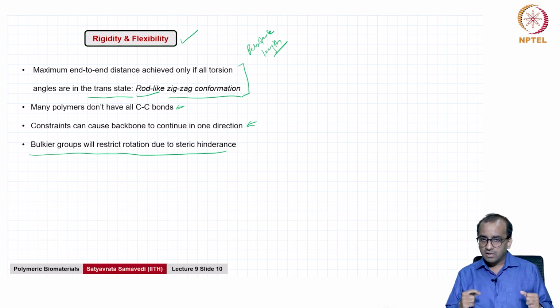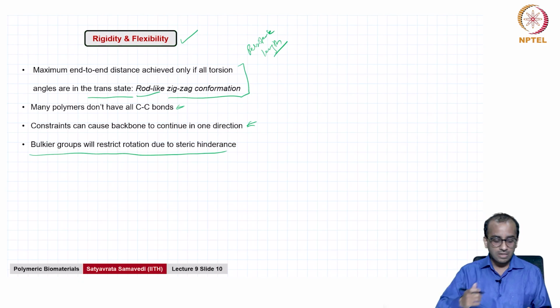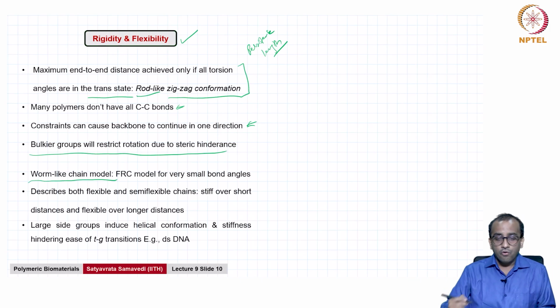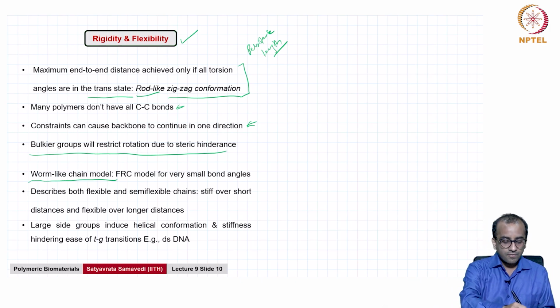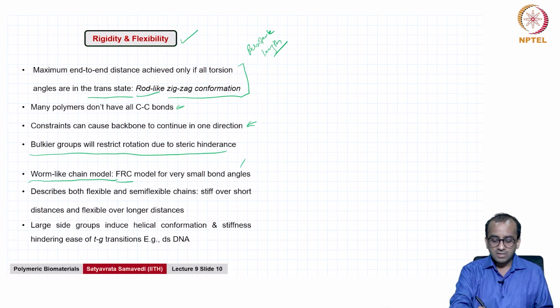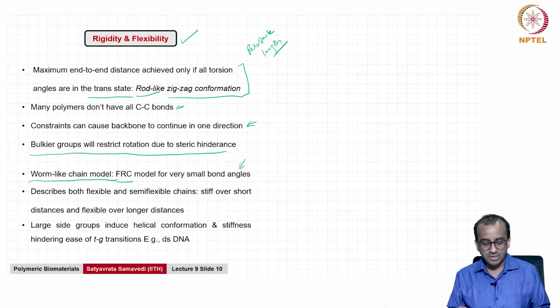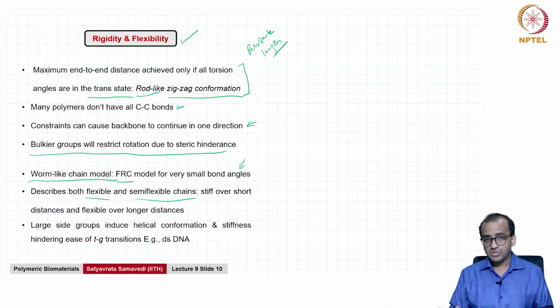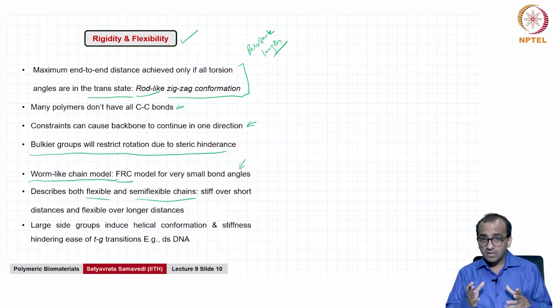Now, one very popular model for describing what we would call semi-flexible chains is the worm-like chain model, which is a special case of the freely rotating chain model that we saw earlier, except that the bond angles are very, very small here. This is one model that can describe both flexible and semi-flexible chains, where depending on the length scale of interest, the chains can be stiff or flexible.